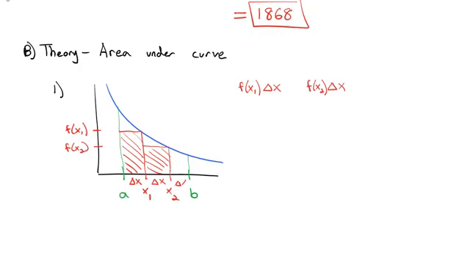If we go over delta x again, that gets us all the way to b at x3. And its height is f of x3. So we've got our delta x as the base times the height of f of x3.